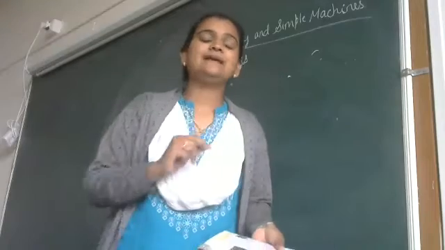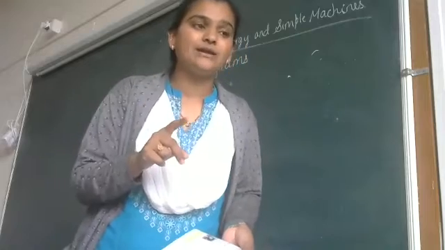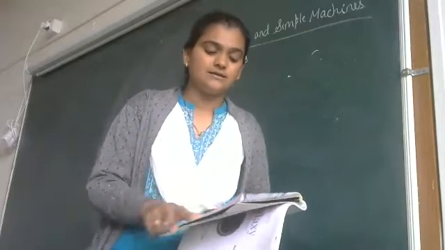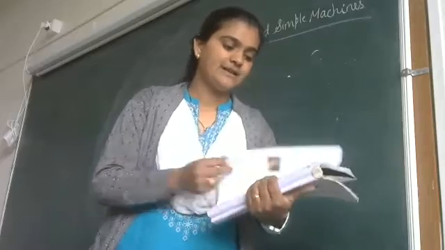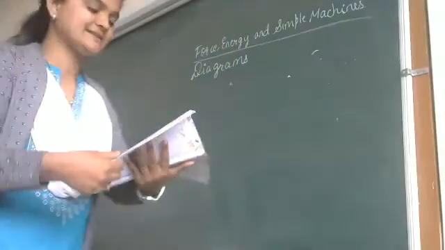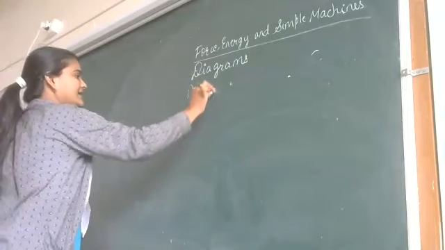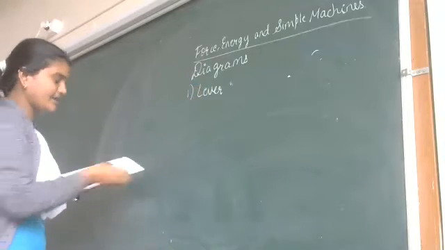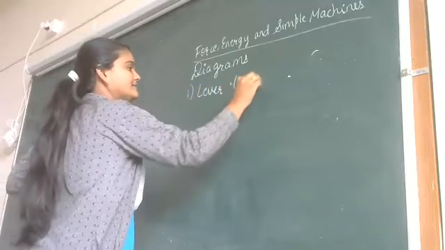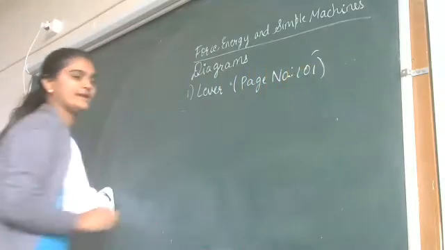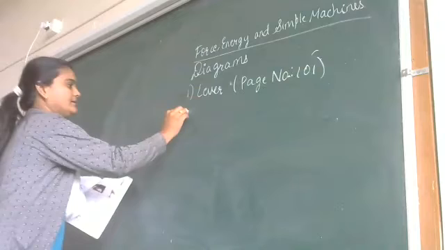Okay. Now please write down the diagrams that you will be drawing in your science notebook from this lesson. Ma'am, which paragraph should we draw? Yeah, I'm writing it on the board. The first one is lever, page number 101.